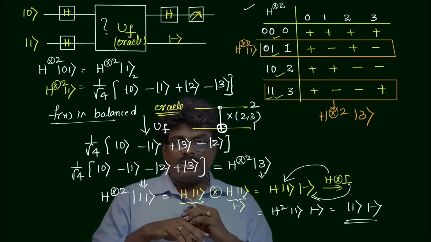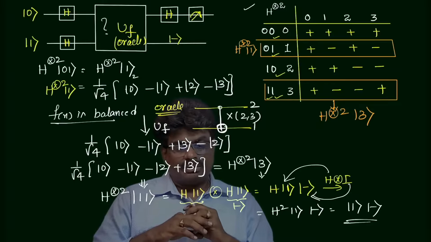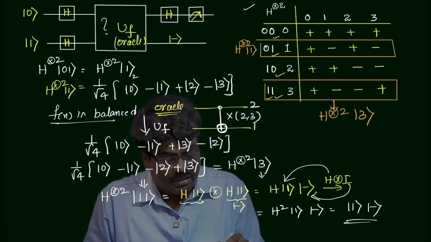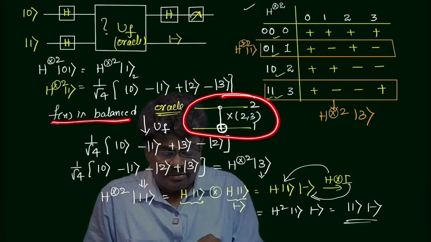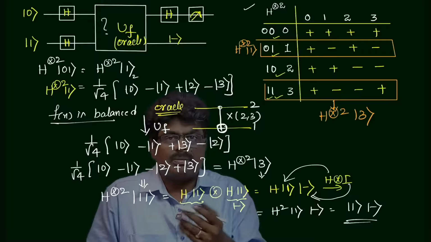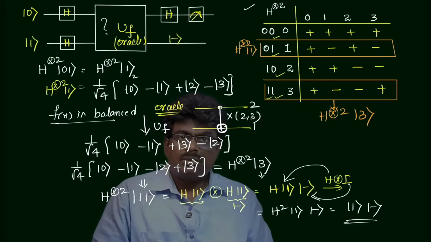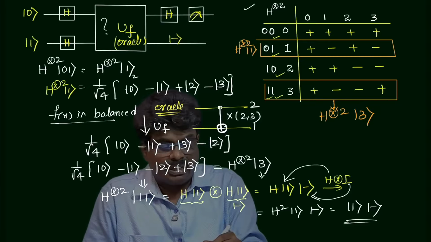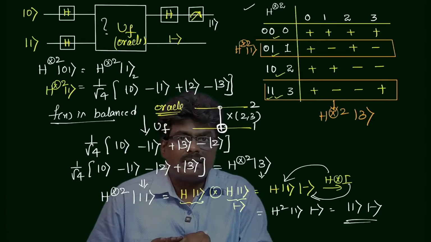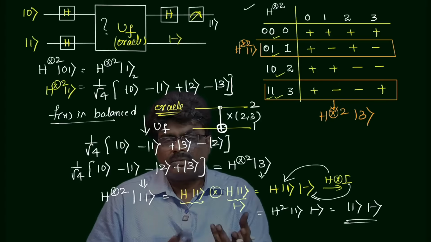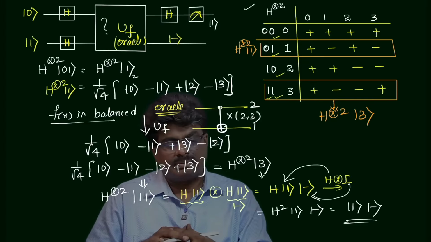So this is when f of x is balanced. So I hope now you understand what the oracle function corresponding to f of x being balanced is. This is simply a CNOT operation. If you get one output here, you will confirm that the function is balanced. If you didn't get one, you will say f of x is a constant.